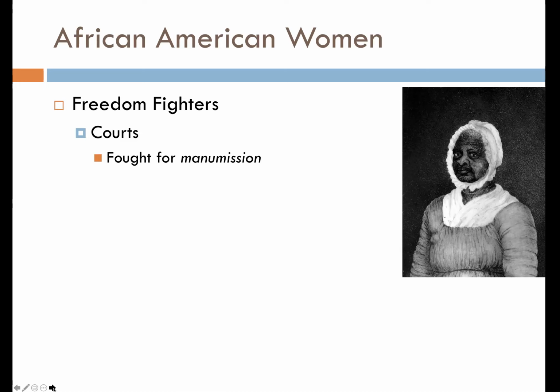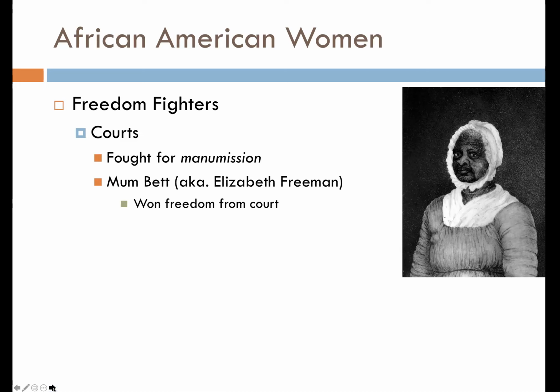There's a great video out there that talks about if the American Revolution was going on, what side would you fight for. And it's interesting, as you saw in the reading, like 60% did not support the American Revolution. So it's understandable that a lot of people would have fought for the British, but we find that African Americans were able to get their freedom, and this is one example of Elizabeth Freeman.